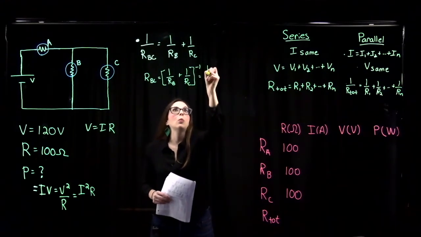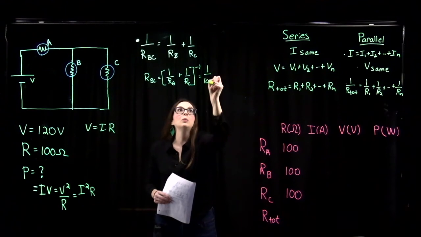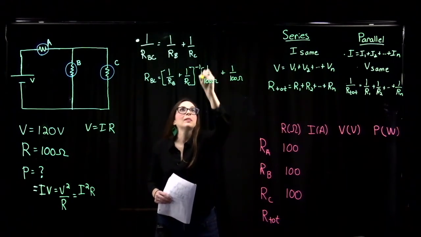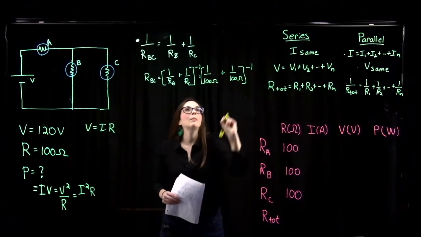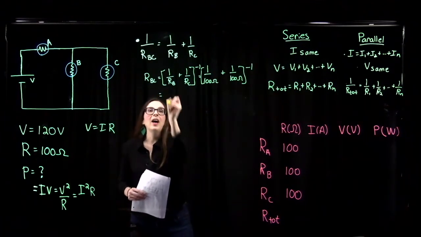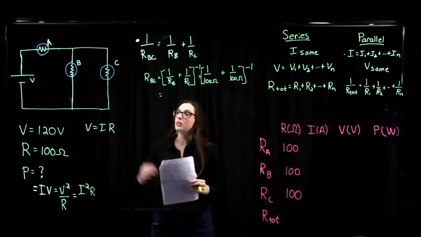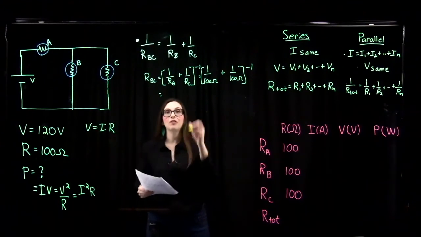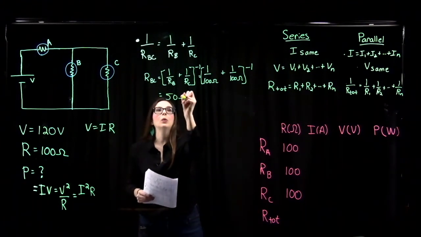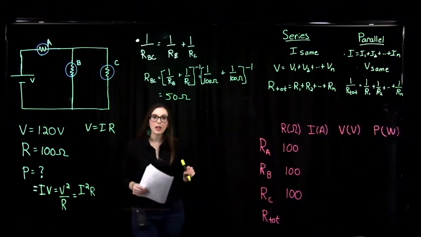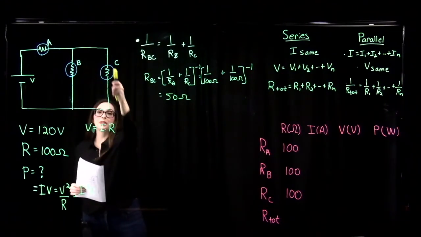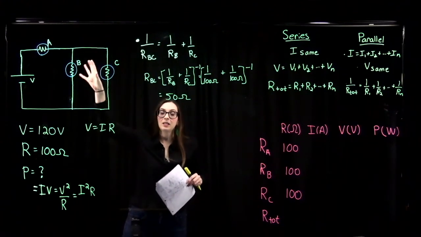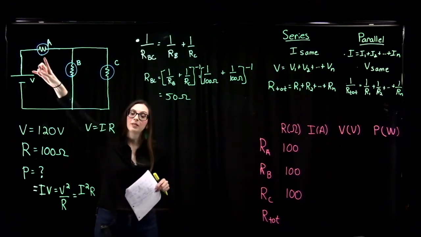So that will equal (1 over 100 ohms plus 1 over 100 ohms) raised to the -1, and that gives us a total resistance for these two in parallel of 50 ohms. Okay? Now, these two resistors in parallel, that combination is in series with our resistor A here.